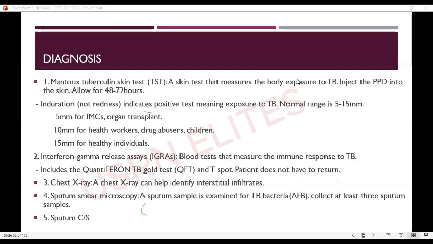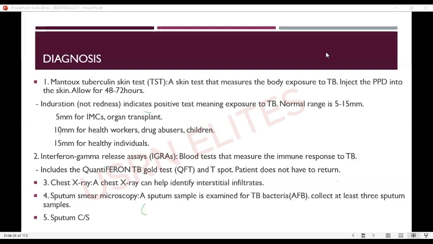We are discussing tuberculosis now, the diagnostic investigations. So I think we can move on, right? Yes. So on my screen, we see the Mantoux tuberculin skin test. A skin test.